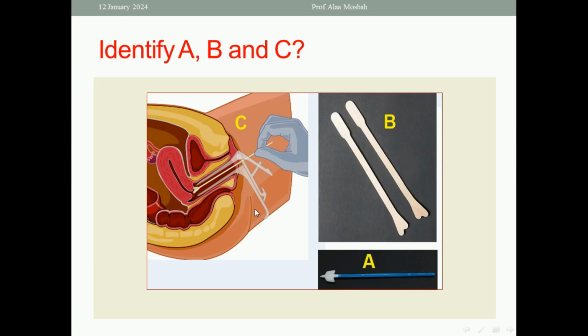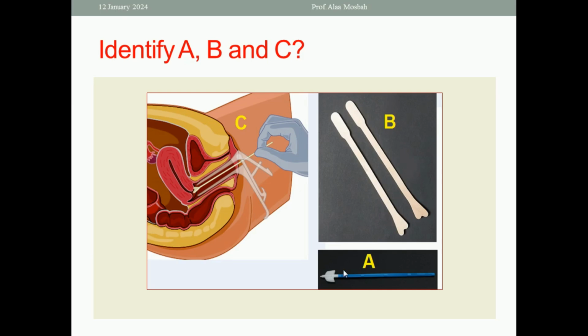The patient shouldn't be menstruating, shouldn't take any antibiotic or antifungal, local or systemic, in the previous 3 days. No vaginal douches for 3 days, and no intercourse, so as not to affect the result of the cervical smear.